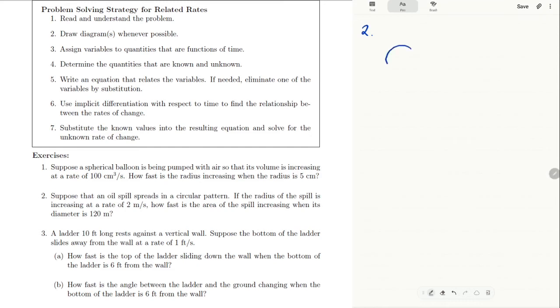So we have an oil spill, and it spreads in a circular pattern. So over time, the spill is getting larger. And what we're interested in is how fast the area of the spill is increasing when its diameter is 120 meters.